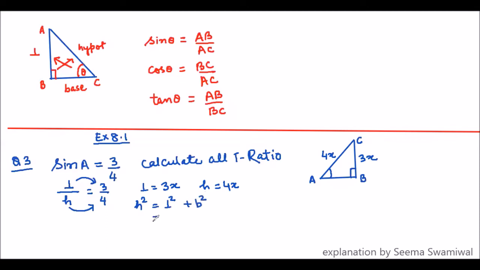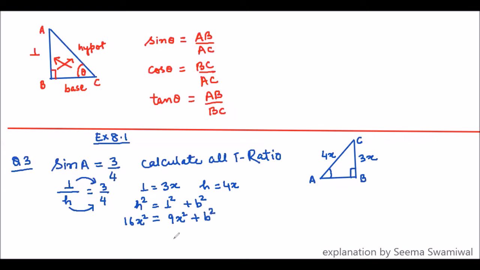So 16x square is equal to 9x square plus base square.